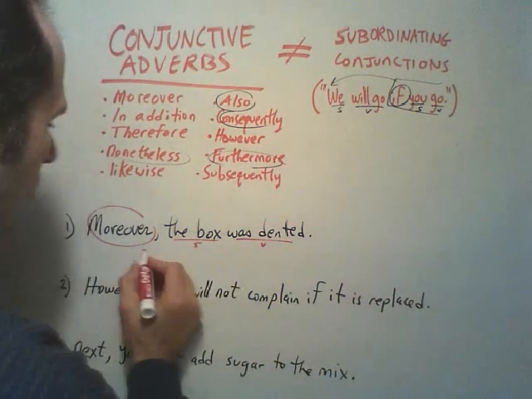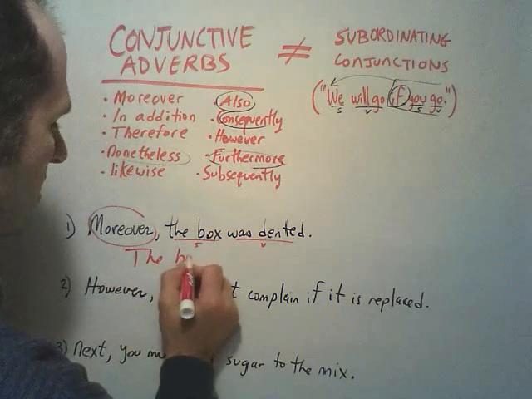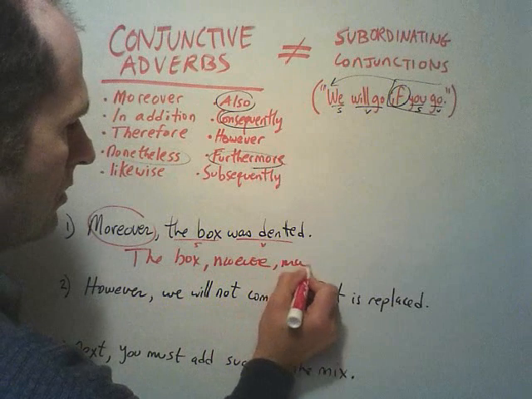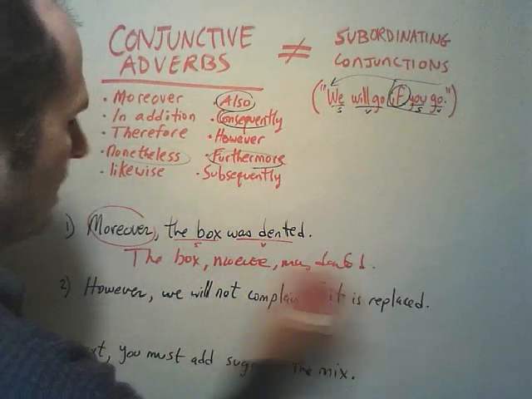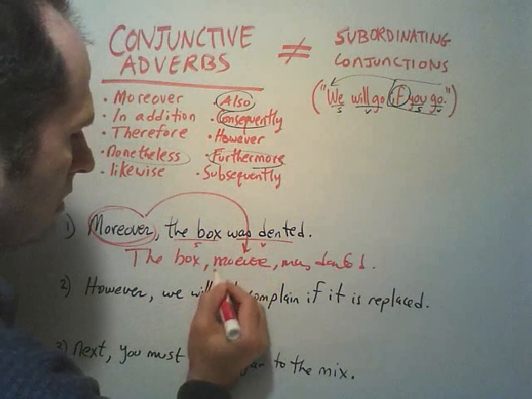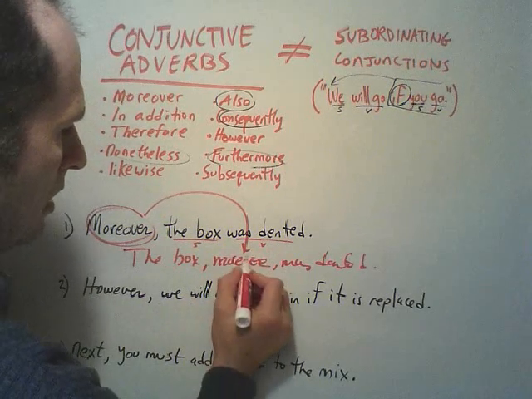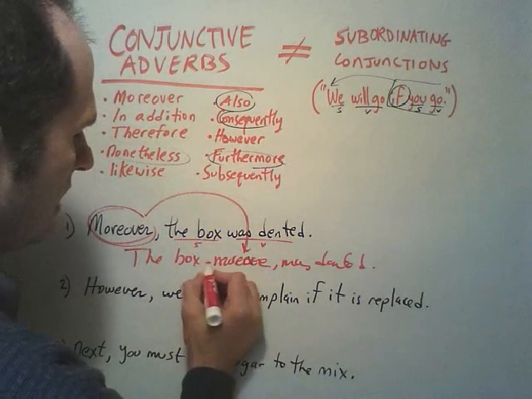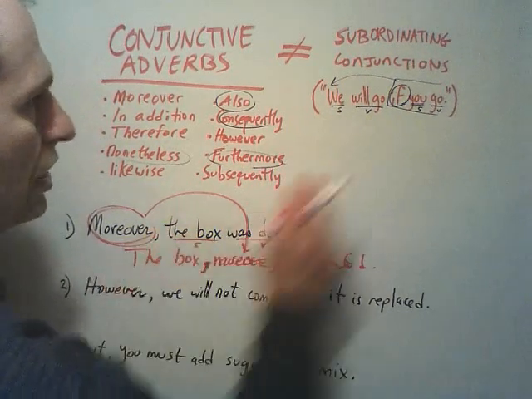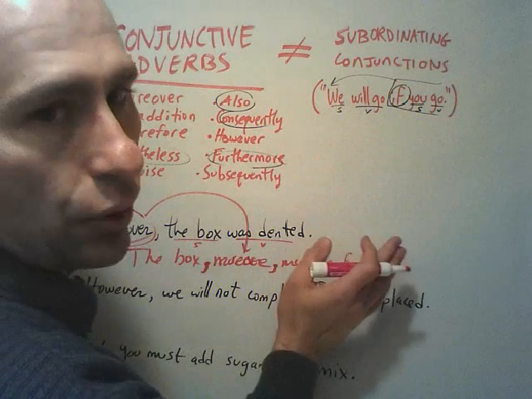Now, you probably would see it more commonly like the box, moreover, was dented. And so here you see what was at the front can also show up in the middle. But it's going to be surrounded by commas. All right. So you can't do that with a subordinating conjunction.